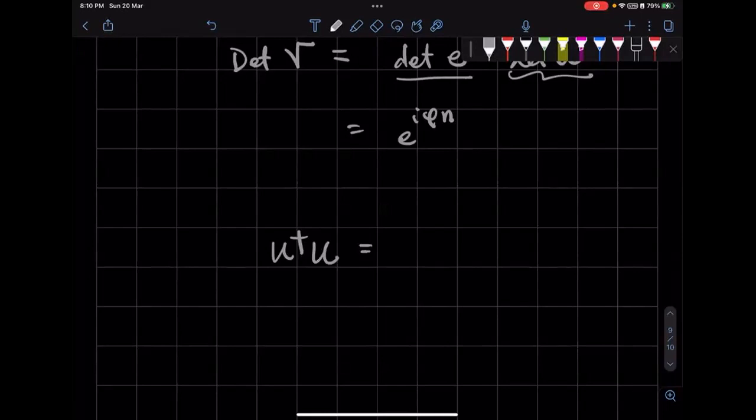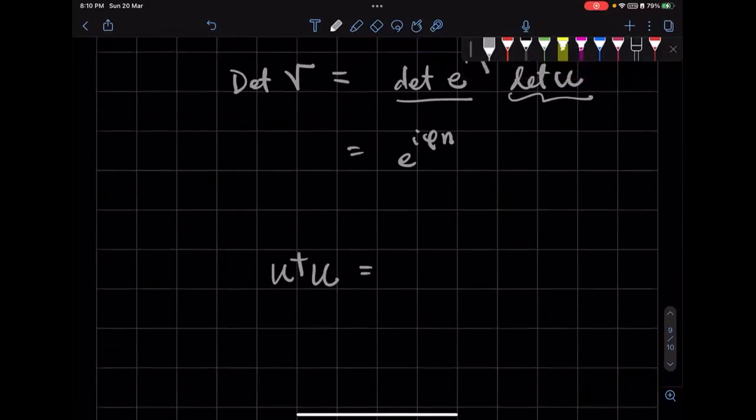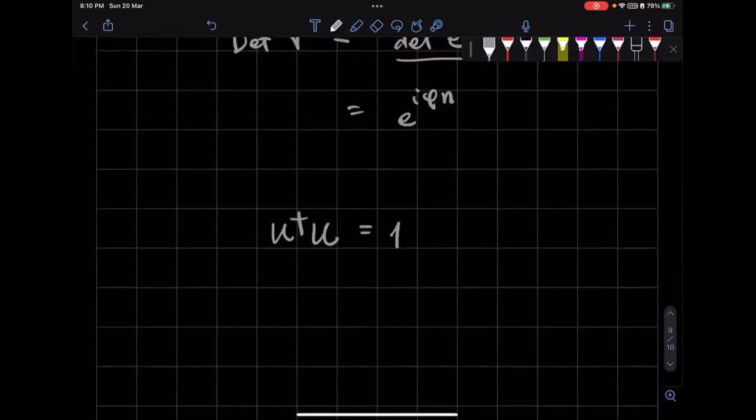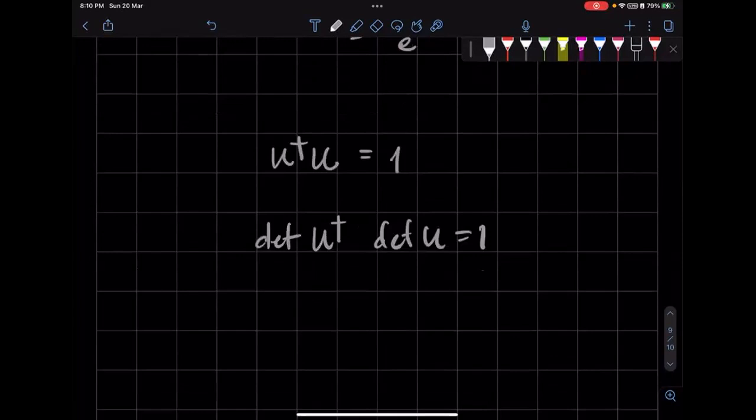So if I look at the U dagger U equals 1 condition and take its determinant, then I have determinant U dagger times determinant U equals 1, right? Whatever its determinant is, let's call it small u, the other will be u star, and therefore this is 1.